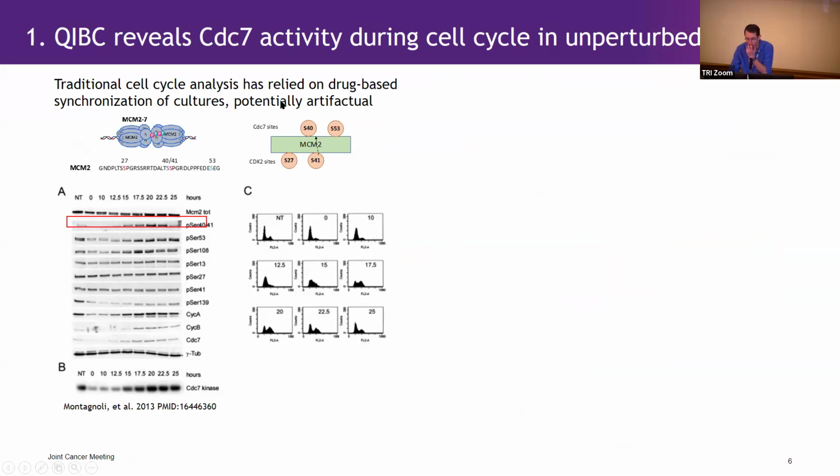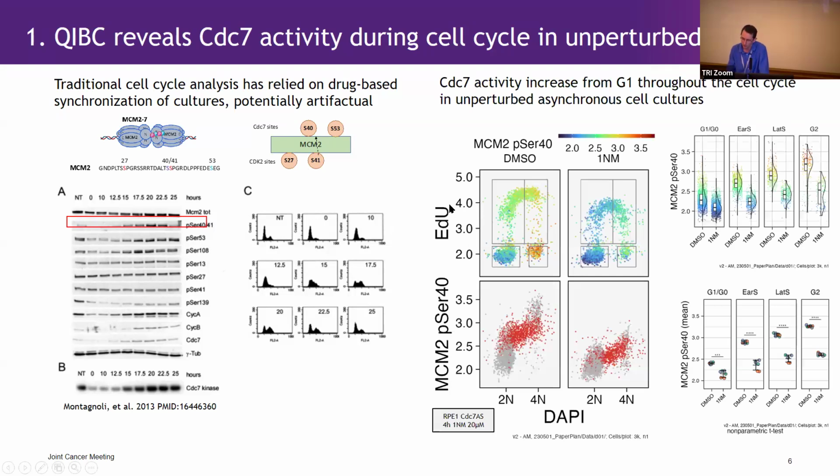The power of this technique is that, in normal circumstances, to evaluate the kinase activity of these proteins, you have to synchronize the cells with drugs or serum starvation, and that can potentially cause artifacts. But now, with high content imaging, you don't need to synchronize the cells. You just take the cells asynchronously and interrogate them.